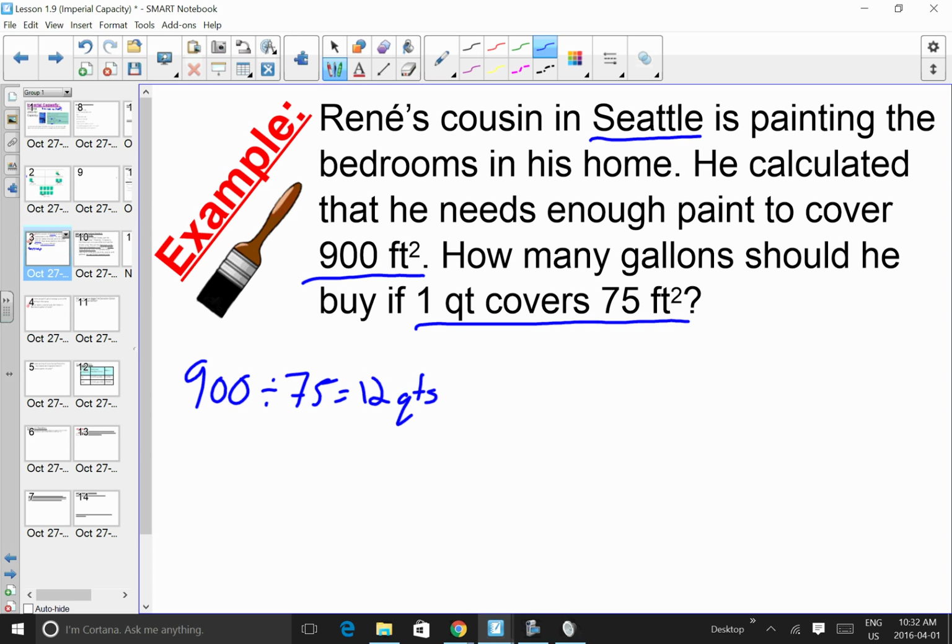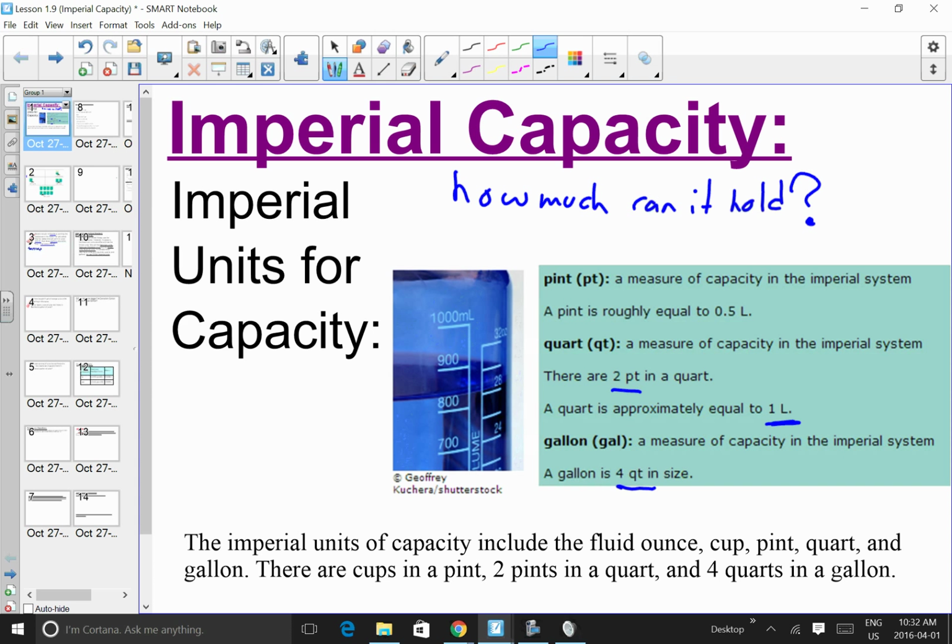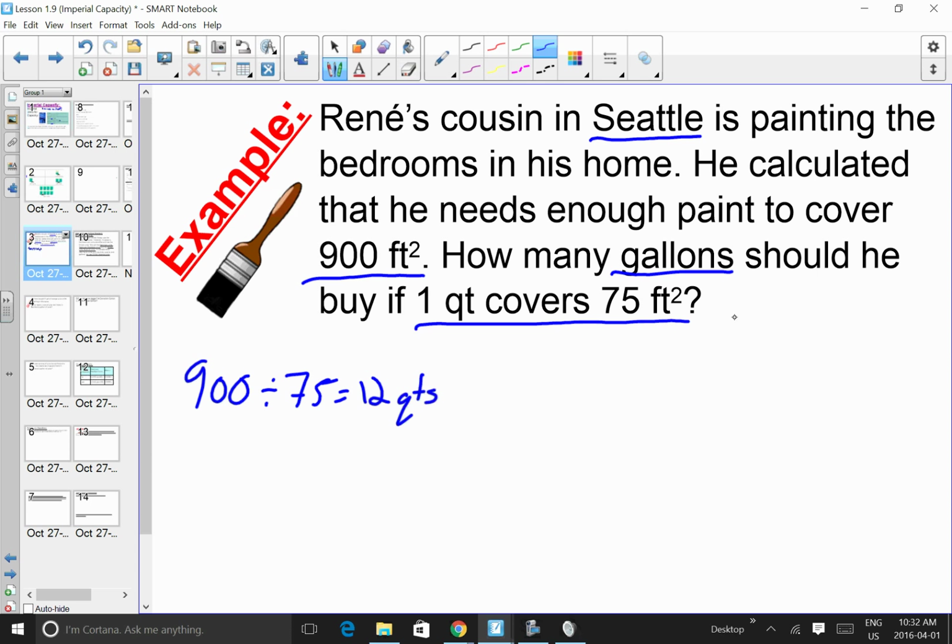But I don't want it in quarts. He's buying paint by the gallon. So if I look back up here, 1 gallon is 4 quarts. I'm just going to write that down. 1 gallon is 4 quarts. Now I can make myself a handy dandy skeleton equation.